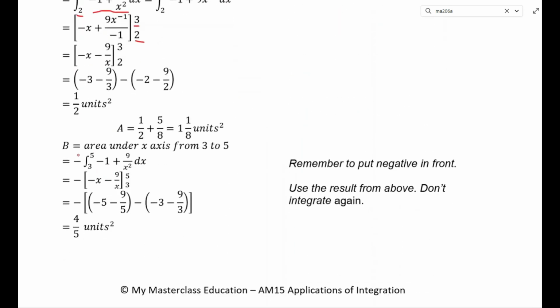So we'll just include a negative sign in front and carry on with our usual definite integral. So upper bound of 5, lower bound of 3, and then our equation of curve. Afterwards, you don't have to reintegrate again because you've already done it to find your area A. So you can just use the result from above and then sub in your upper bound minus your lower bound, and you will get 4 over 5 units square for your area B.